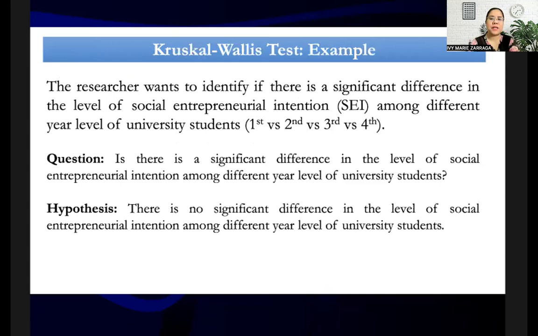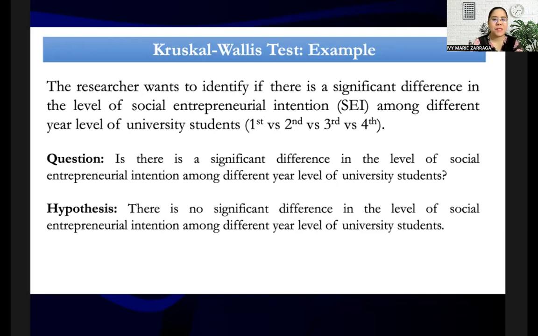So same scenario that we had in ANOVA. As a researcher, you want to determine if there is a significant difference in the level of social entrepreneurial intention or SEI among different year levels of university students. So we have four groups: first year versus second year versus third year versus fourth year.